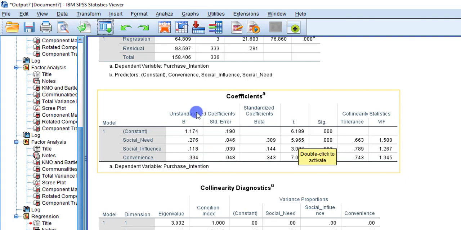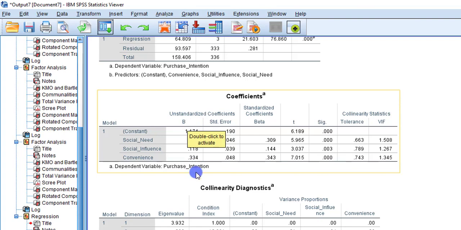I'm going to use the unstandardized coefficient because here there is a value of constant, so I'm using unstandardized beta here. One thing you already know: when the value is less than 0.05, it is said to be significant. When it is greater than 0.05, it is insignificant, right?